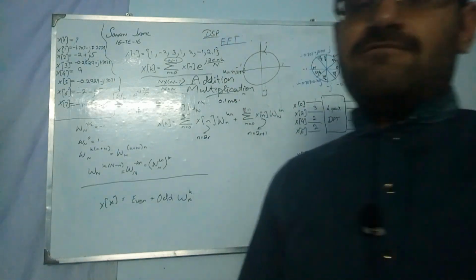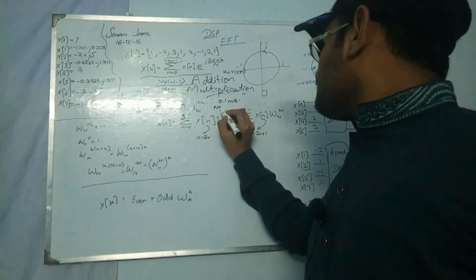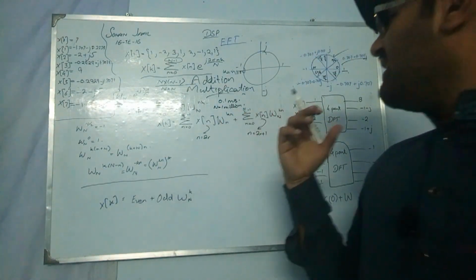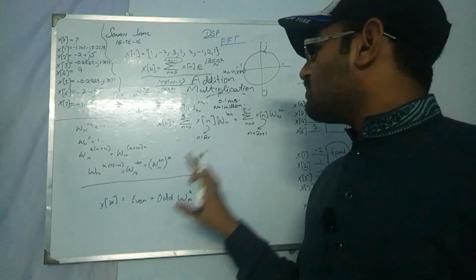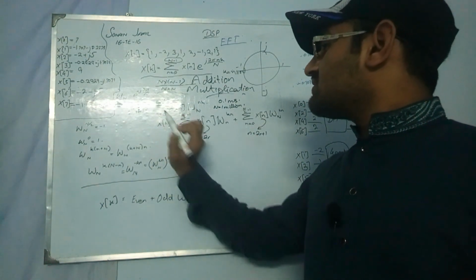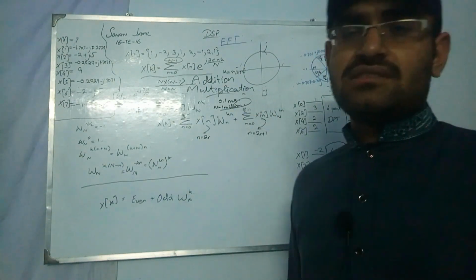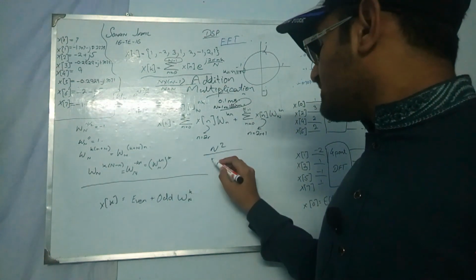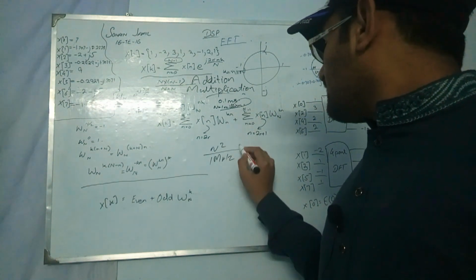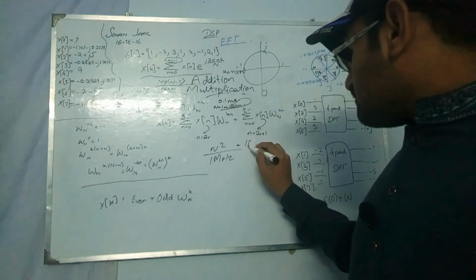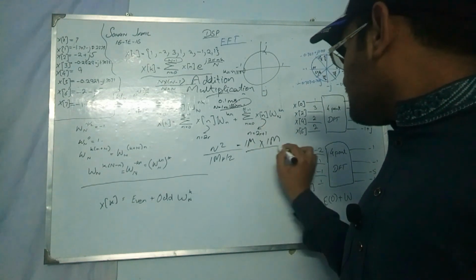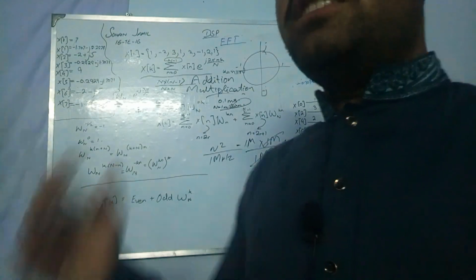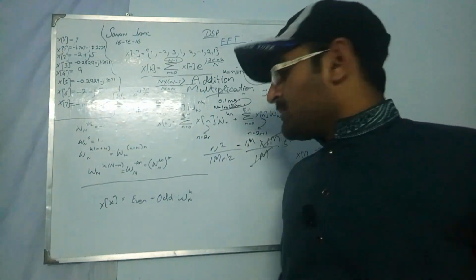And if we have N equal to 1 million and a 1 megahertz processor, then it will take 1 million seconds to perform the operations, because N squared divided by the processing speed, 1 million into 1 million over 1 million, comes to 1 million seconds, which is very huge.